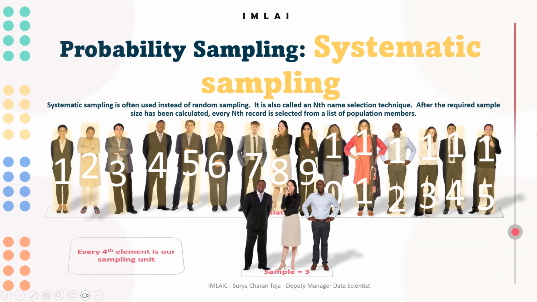After that we need to go for the 16th. This is what we call systematic sampling. The most important point to remember is that the first element should be randomly selected from the first k elements. Then after that you select every kth individual until the desired sample is reached.